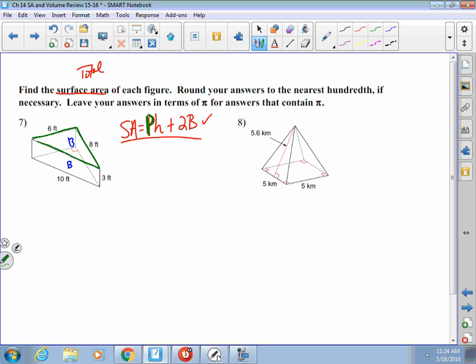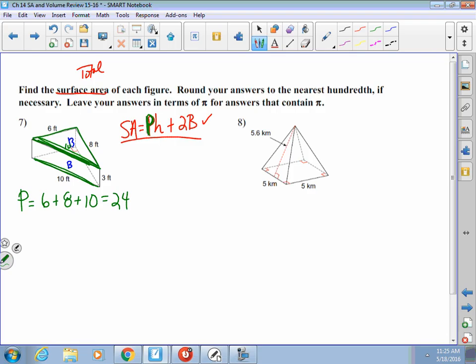If I'm walking around this prism, I do not walk up the 3. I walk around the 6. I walk around the 8. And then this hypotenuse, this side here on the top, is the same as the 10 on the bottom. So it's 10. So the perimeter would be 6 plus 8 plus 10. So we get that it is 24.